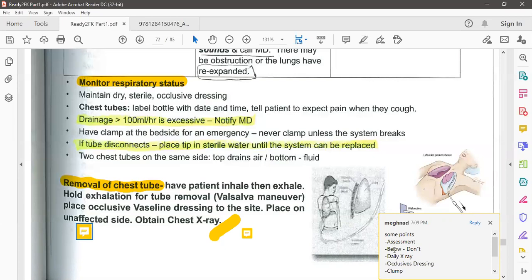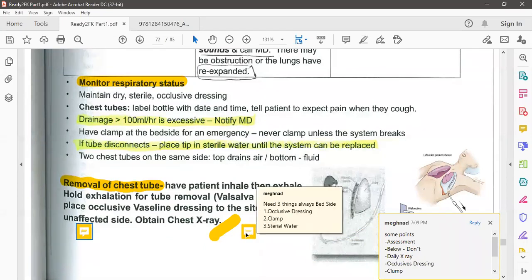Keep in mind the chest tube should be below the chest level, and do not milk or strip the chest tube without a doctor's order. Daily chest x-ray is needed to check the fluid removal. And the client will have an occlusive dressing at the incision site. And last one here, never clamp a chest tube without a doctor's order.